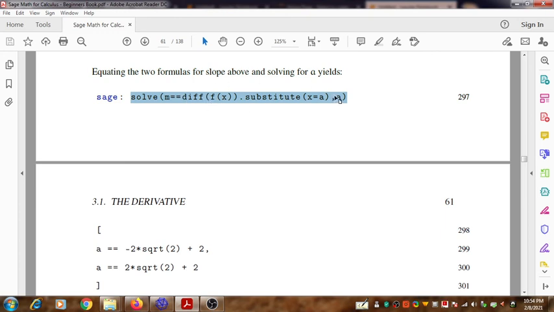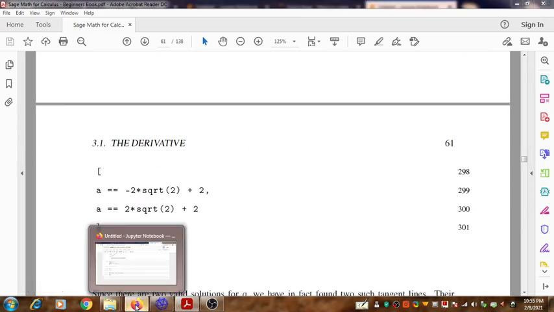The first expression is the expression that will be solved for obtaining the value of the variable which is mentioned after the comma symbol. And here the variable mentioned is a. So by executing that command, you can obtain the value of the variable a.